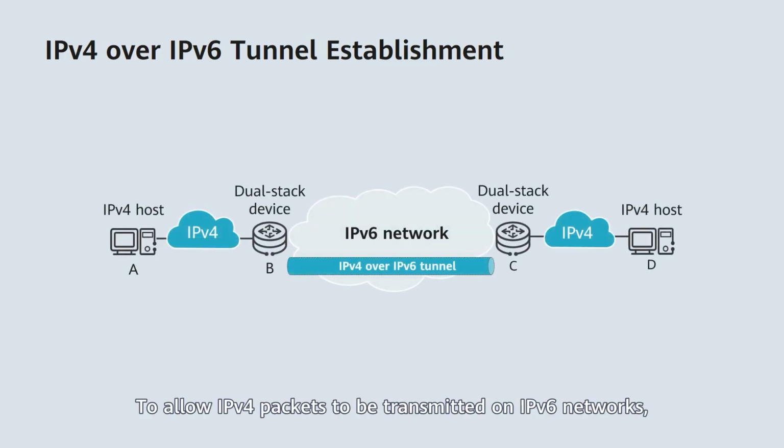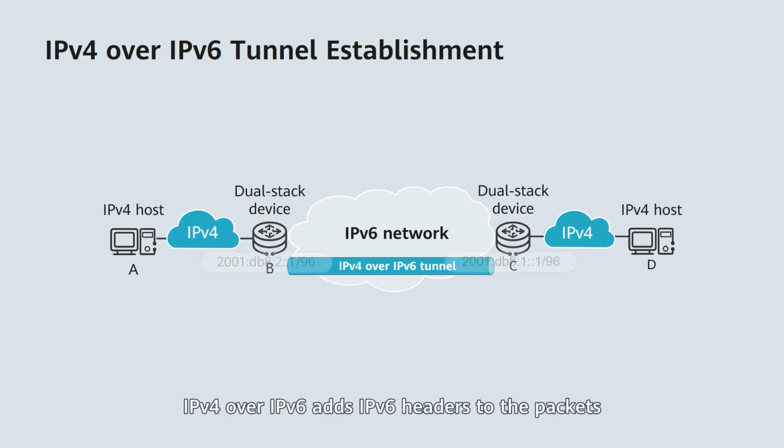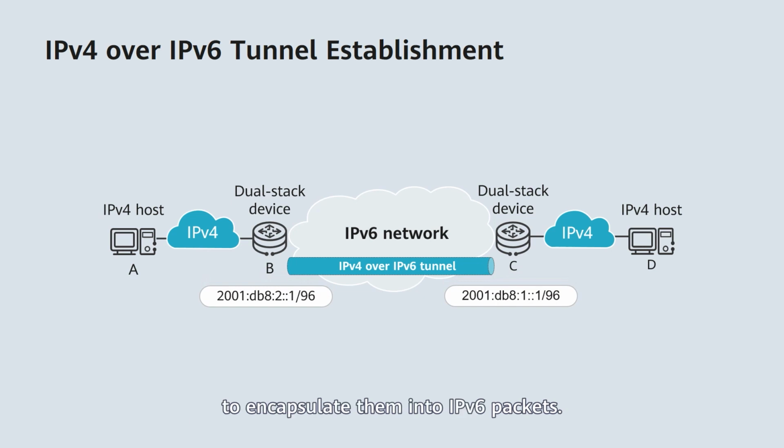To allow IPv4 packets to be transmitted on IPv6 networks, IPv4 over IPv6 adds IPv6 headers to the packets to encapsulate them into IPv6 packets. On an IPv4 over IPv6 tunnel, packets are processed on border nodes B and C, and other nodes are unaware of the tunnel.